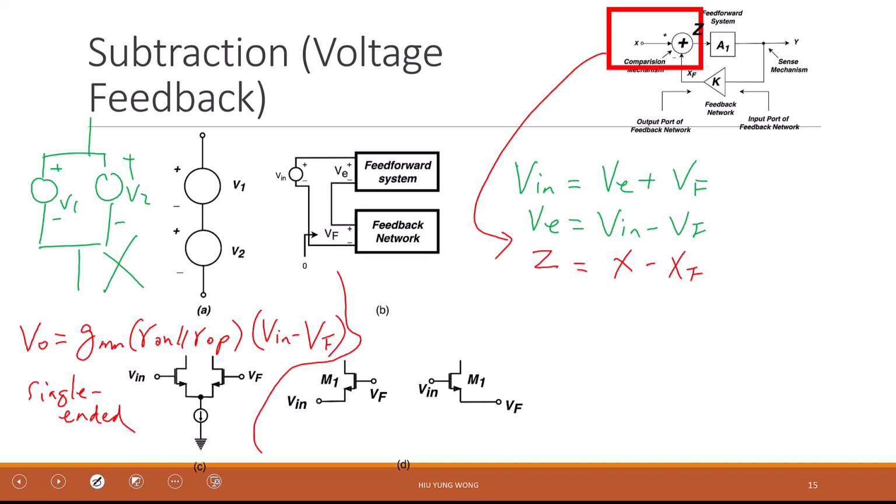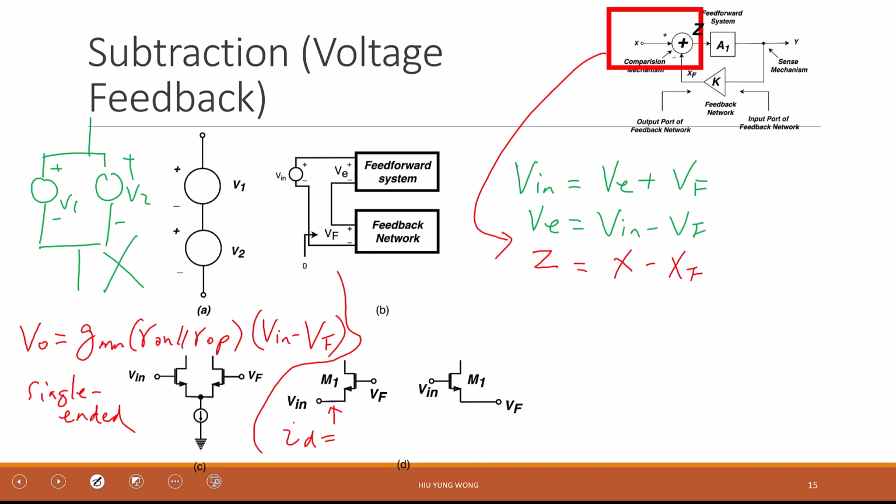How about this one? What is the gain of this one? Let's say the current gain. ID equals what? What is the drain current? How is the drain current related to the gate voltage and source voltage? How is the drain current related to the gate voltage?